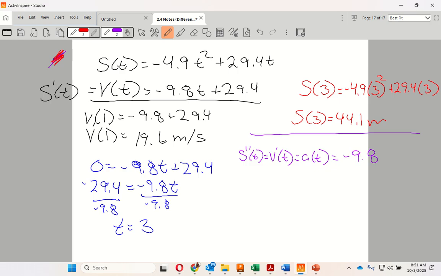Acceleration, that's what they're accelerating at. Okay, and so that would be negative 9.8 meters per second per second. Because there's no variable here to plug in anyway. So no matter what, that's what gravity is going to be, and that's meters per second squared.